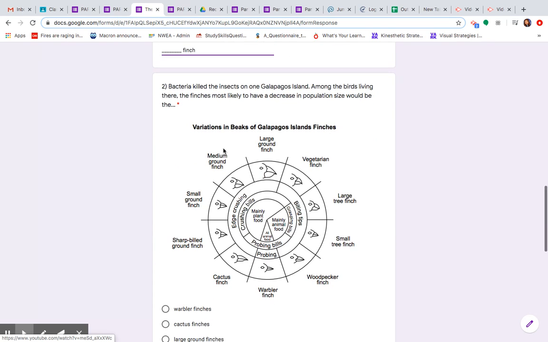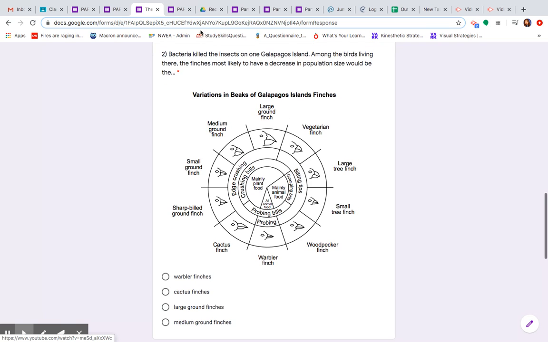All right, question 2. Bacteria killed the insects on one Galapagos island. Among the birds living there, the finches most likely to have a decrease in population size would be what? Would be what species of bird? All right, so we have a bacteria that kills all the insects, kills the animal food. Which finches would be the most affected by this in a bad way?